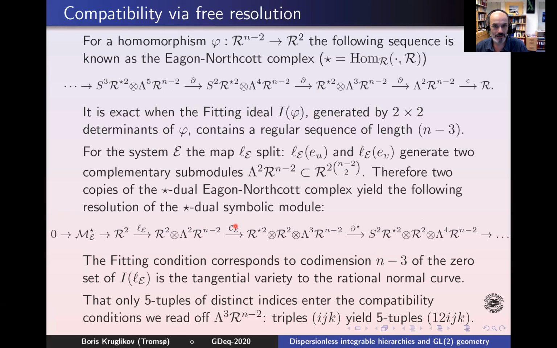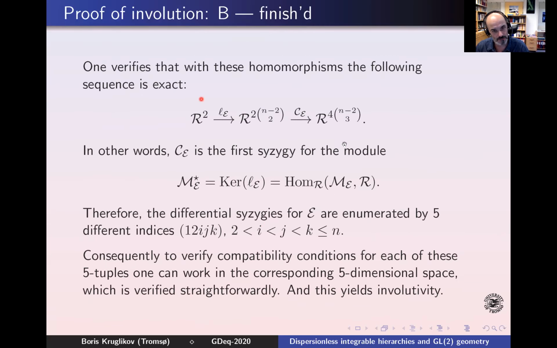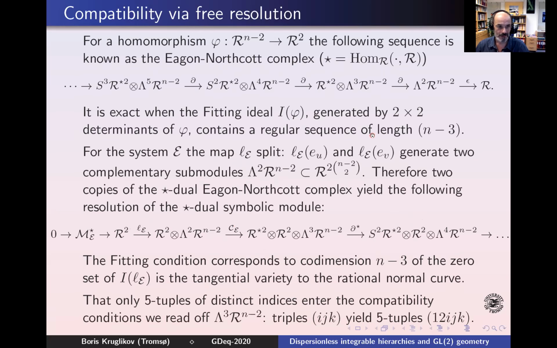There's actually a bit more abstract formulation of how it can be done. I just told you about this stuff, but actually it's possible to construct the entire resolution, or compatibility complex if you want. It looks like this, and its dual looks like this.